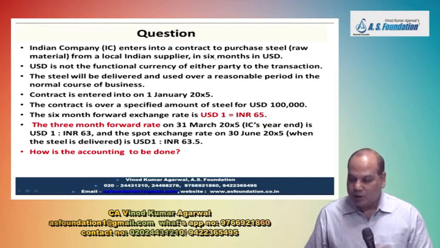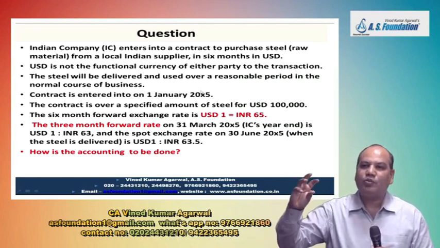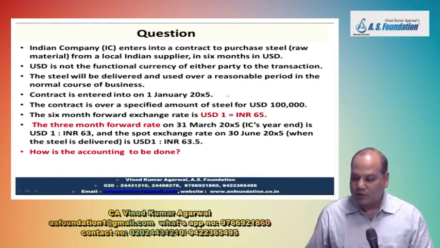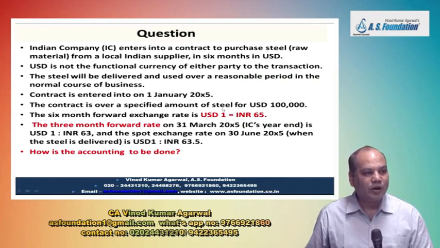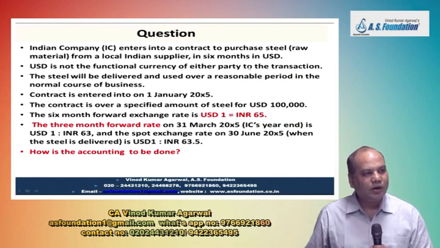But that embedded feature, that the payment will be made in USD, has features similar to a derivative. As the value of the dollar will change, the value of this contract will also change, and the factors affecting the price of the steel and the value of USD are different.